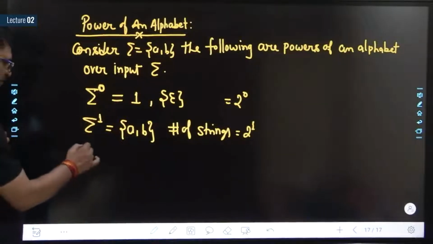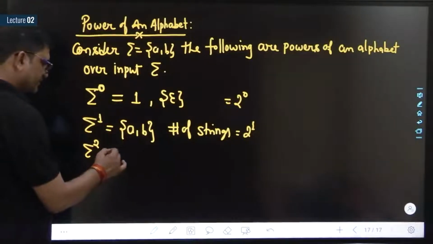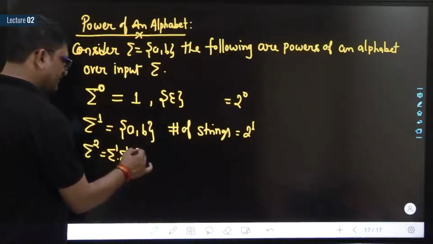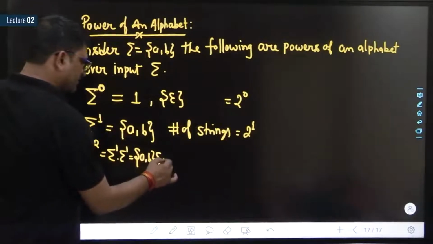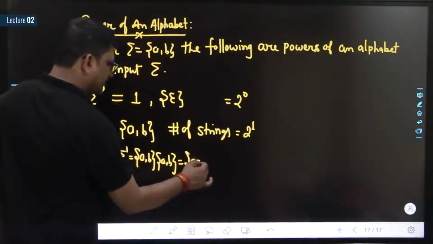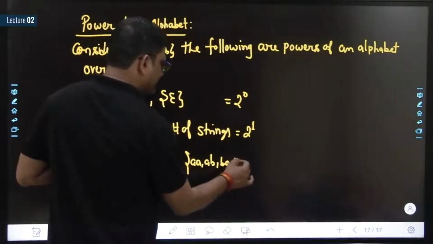Clear? What do you mean by sigma to the power 2? It means sigma sigma, which equals AA, AB, BA, BB.